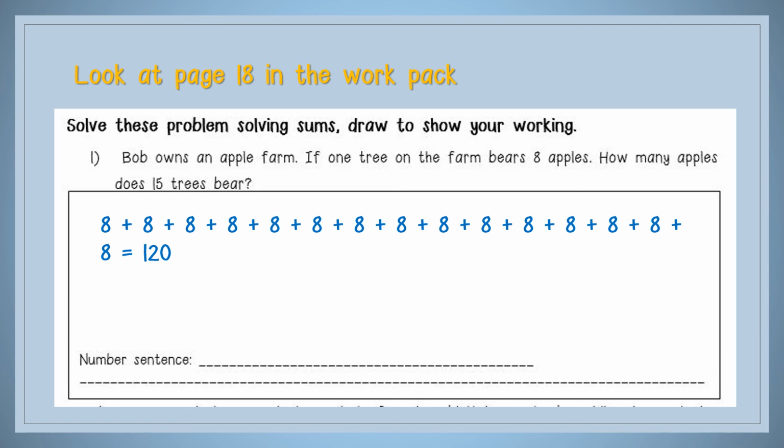So when you add 8 plus 8 plus 8 plus 8, 15 times, you will get the answer 120. Remember, we have to write a number sentence. So our sum will be 8 times 15 is equal to 120. We also have to write our sentence, and our sentence will be 15 trees bear 120 apples.